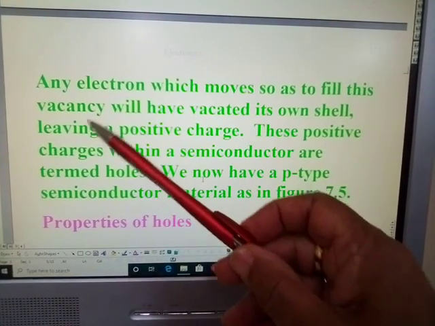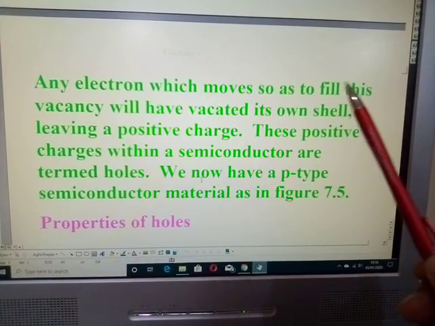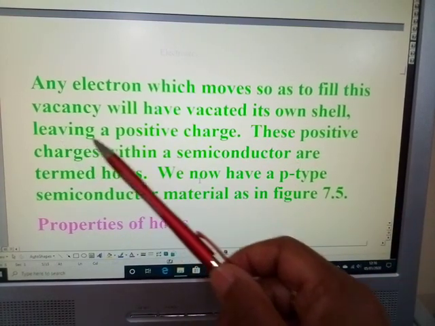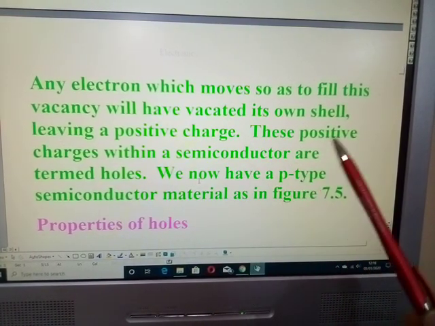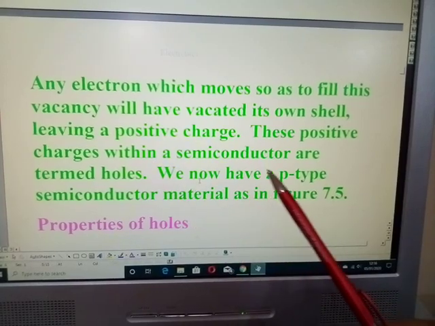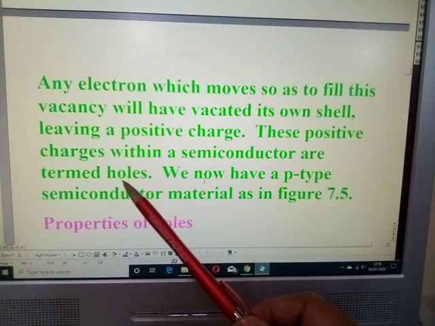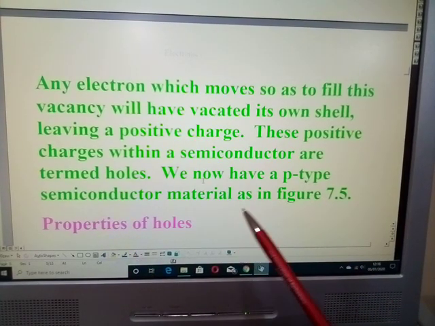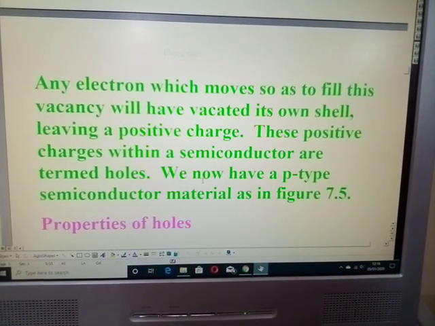Now, any electron which moves so as to fill this vacancy will have vacated its own shell, leaving a positive charge. These positive charges within a semiconductor are termed holes. We now have a p-type semiconductor material as in figure 7.5.